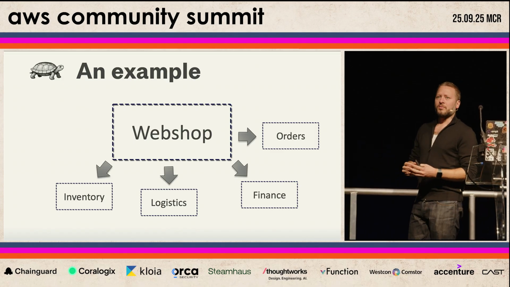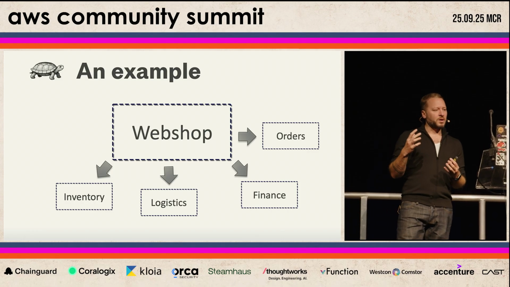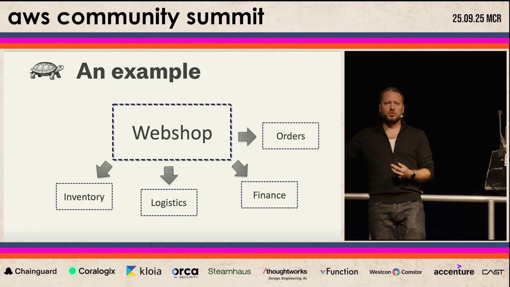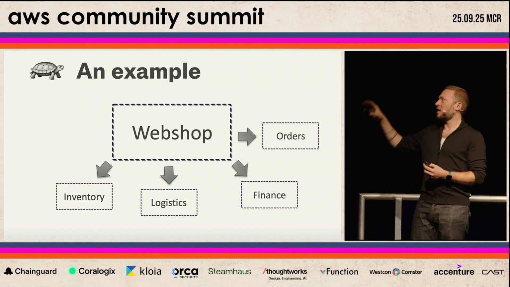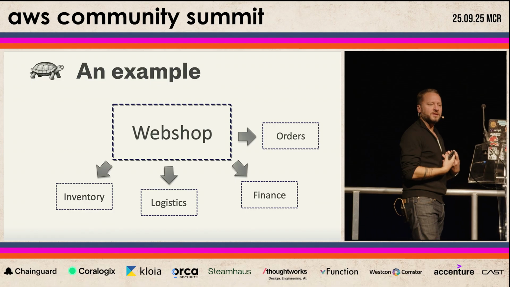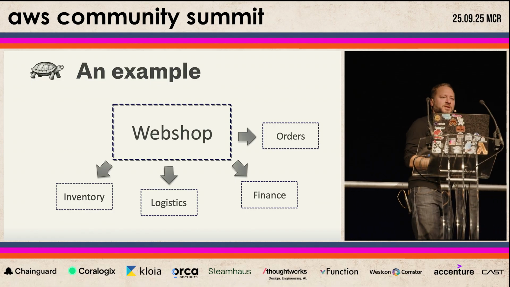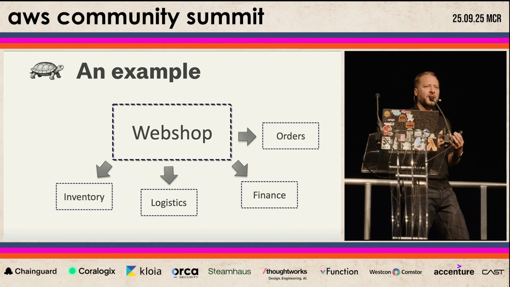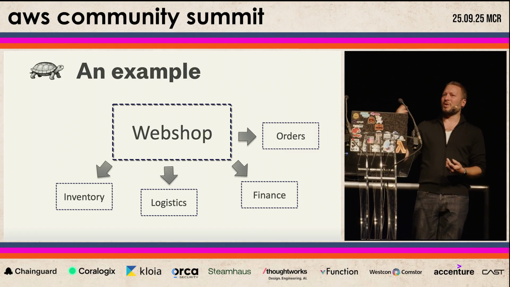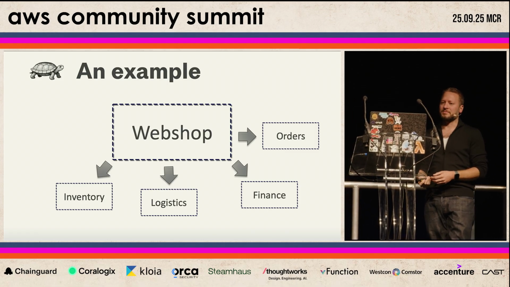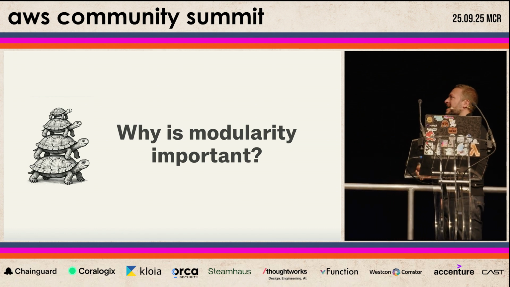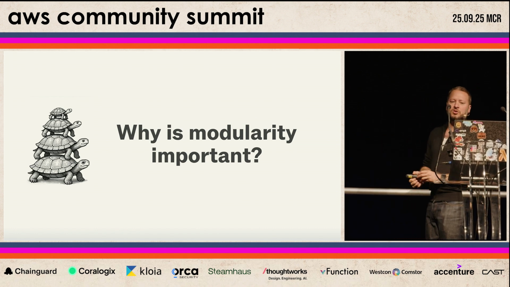They are self-contained, so each of these modules do not have too much effect on the other modules. And they are interchangeable. So you could take the logistics process that you have and replace it with another entirely different logistics process without affecting the entire system. So modularity is the design principle of taking a large system and breaking it down into smaller parts.